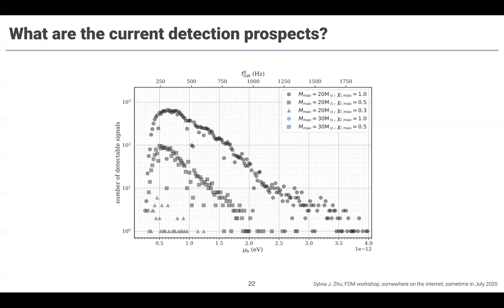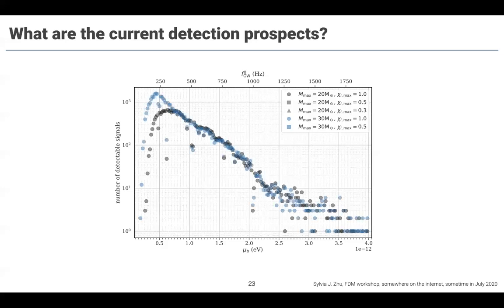Of course, then you could go to heavier black holes. So let's say you believe that black holes in the galaxy go up to 30 solar masses instead of 20 solar masses, which is still reasonable. The interesting thing is that if you invoke heavier black holes, you can get many more signals for lighter bosons, right? But then very quickly you don't gain any more from those heavy black holes.